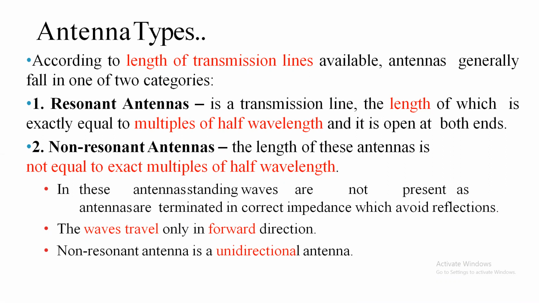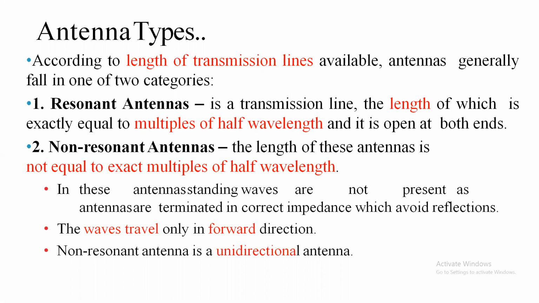A resonant antenna is a transmission line whose length is exactly equal to multiples of half wavelength.